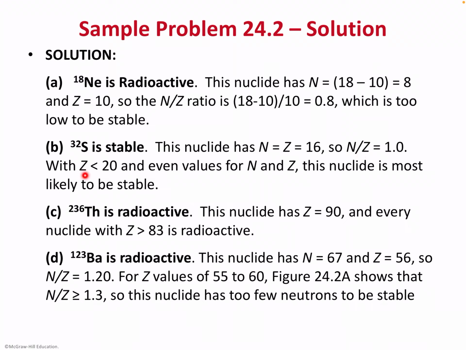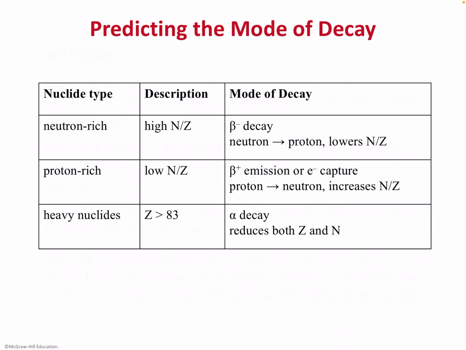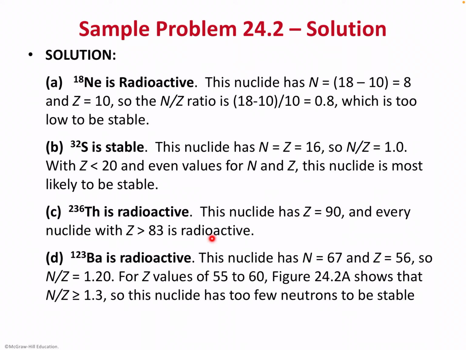With atomic number less than 20 and even values for neutrons and protons, the nuclide is most likely to be stable. And then thorium 236. You locate thorium in your periodic table, and the thorium atomic number is 90, right? 90 is greater than 83, so that is radioactive.